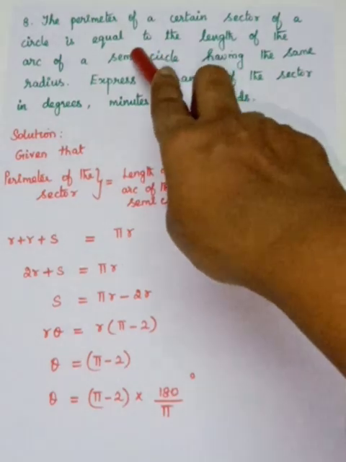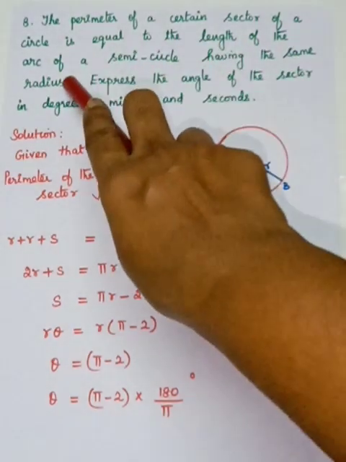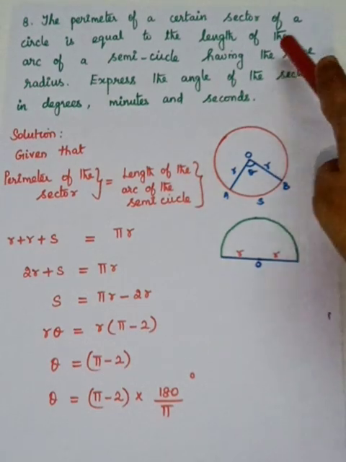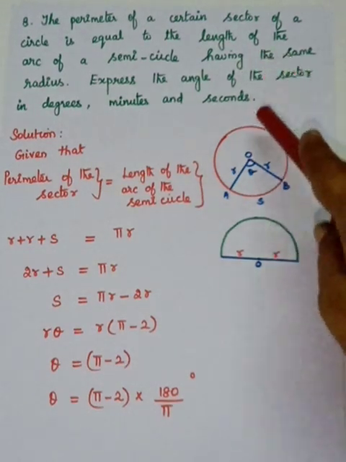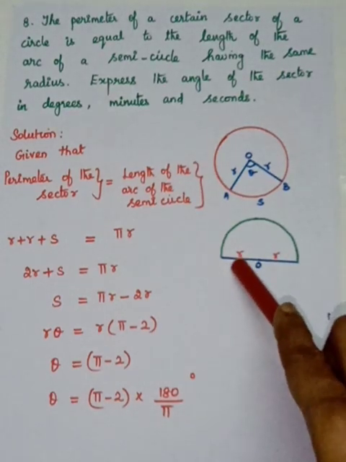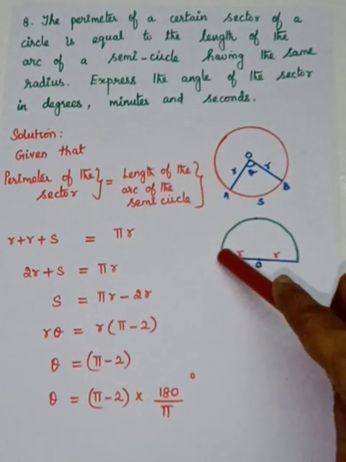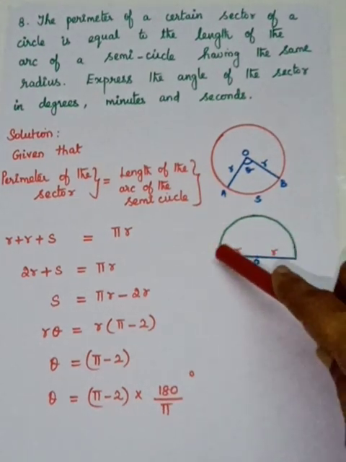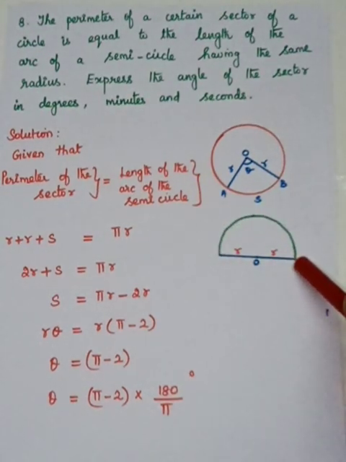Okay, that is equal to the length of the arc of a semicircle. So I have drawn the semicircle, and that semicircle also has the same radius. So the radius of the semicircle is R. This is the arc of the semicircle. Can you say what is the length of this?